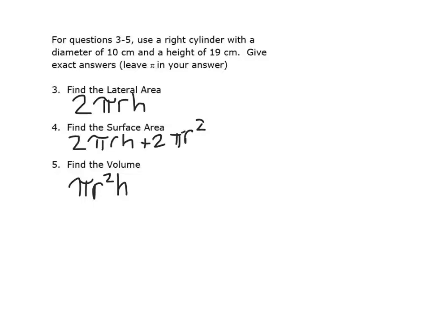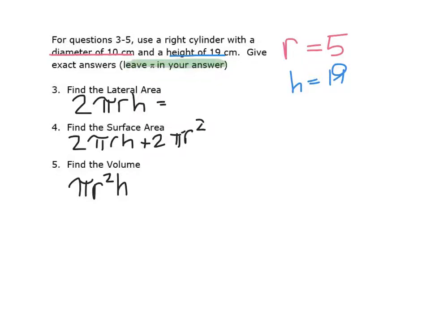So in this one, we're using the cylinder, and we're going to find the lateral area, surface area, and volume. From the problem, we know that it has a diameter of 10 centimeters, which means the radius is equal to 5. And then we also know we have a height of 19. And we're being asked to leave pi in our answer.